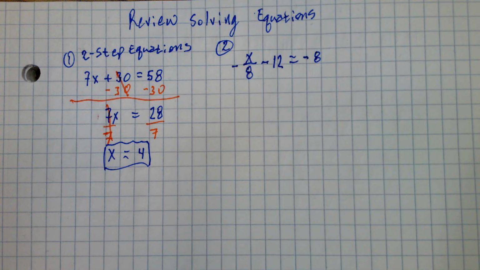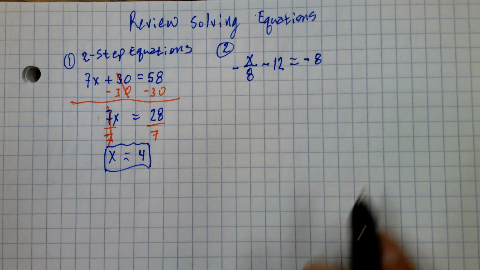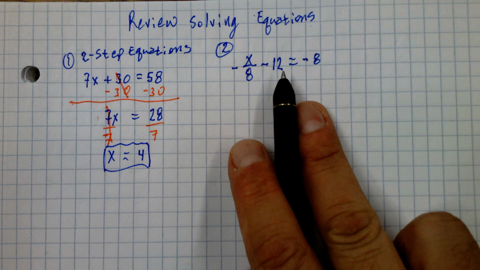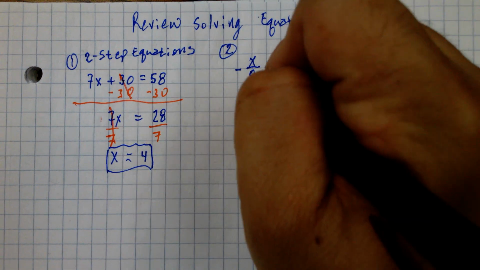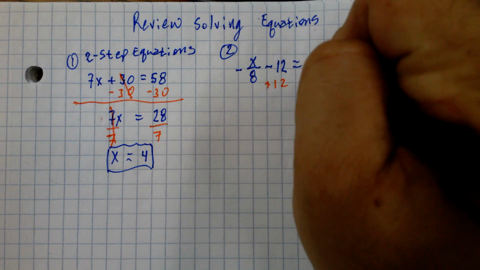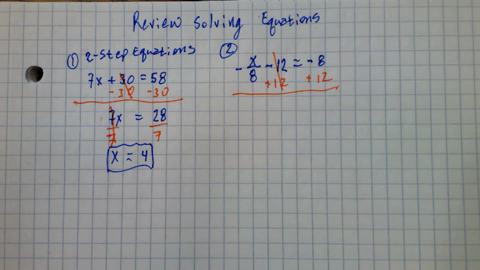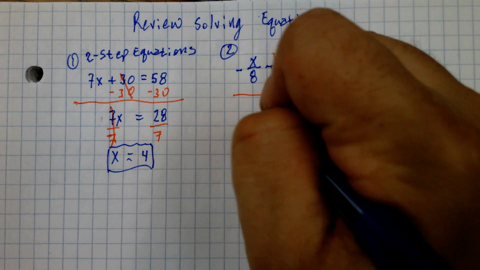Okay. So if we have something like this, our goal is still figure out what the value of x is. And we still want to get rid of our constant, so we're going to get rid of this minus 12. Plus 12 it is. Okay. So bring down the x.